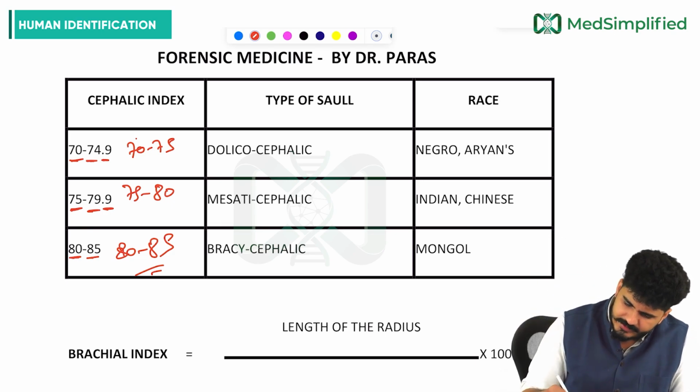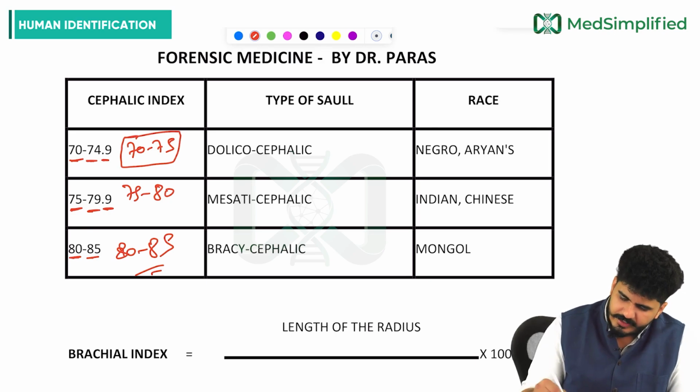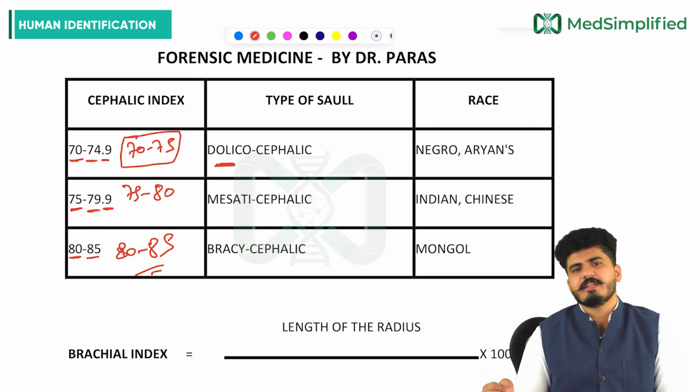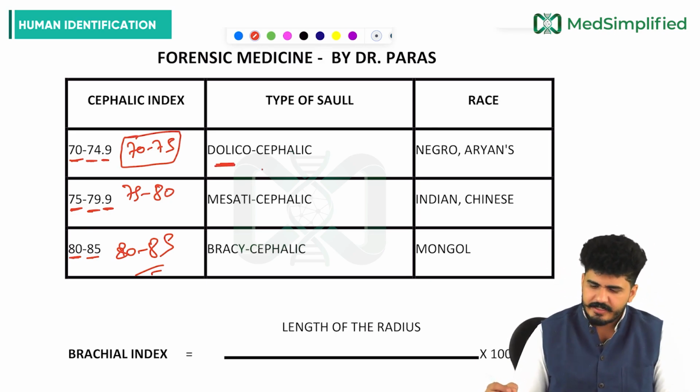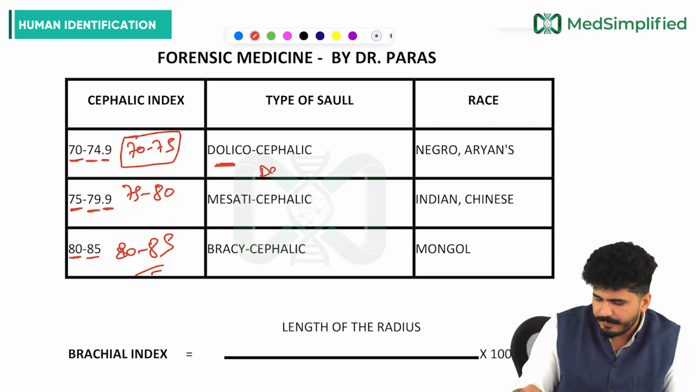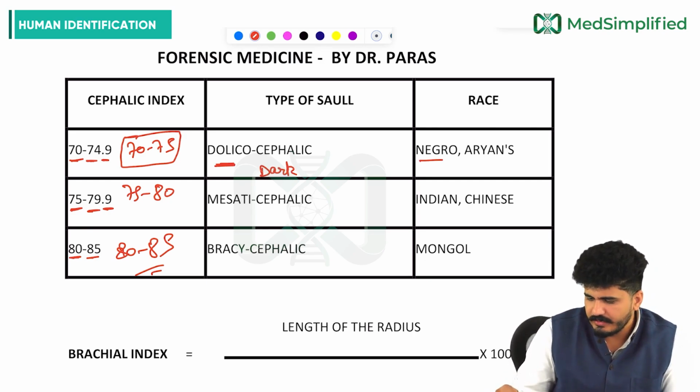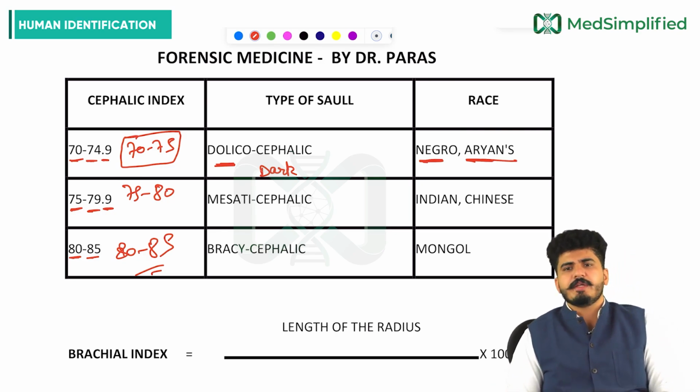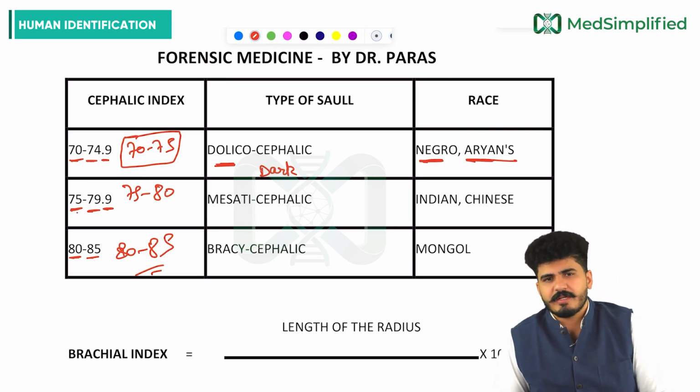If the cephalic index is between 70 to 75, we consider it dolichocephalic. Remember D for dark. Who are dark? Negro and Aryans, so it is seen in Negro and Aryans, my dear friends.